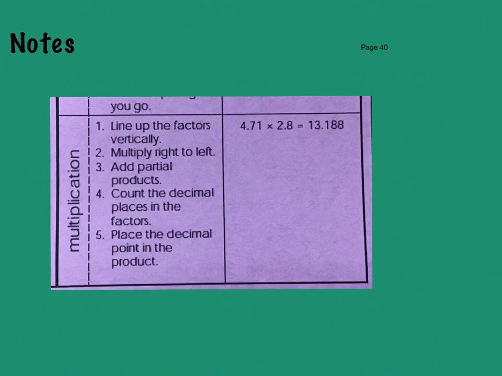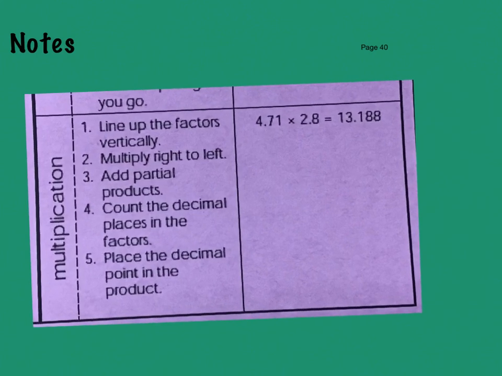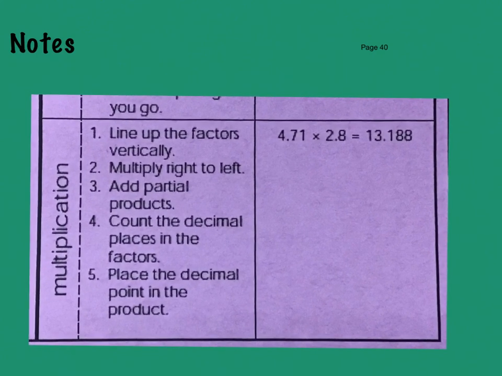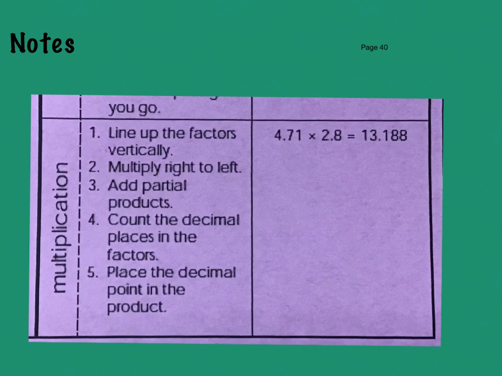All right, so if you'll turn to page 40 in your journal, those pinkish purplish colored papers, you're going to see at the bottom of the first column, it talks about multiplication. And right here it gives you the steps for how you would do this. So you're going to line up the factors vertically.